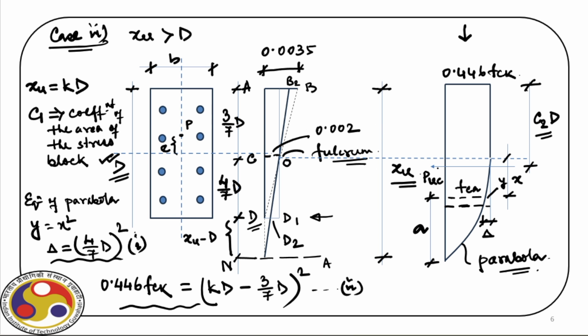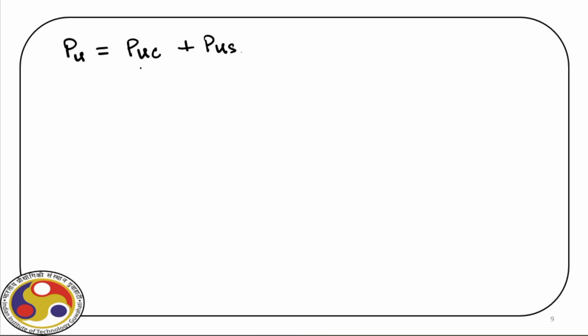Our task is to find out this PUC. PUC we can easily find out because we know the stress block. Now on top of that we have these steels also. So we have to take the capacity of the steel, and together they will give us the total capacity for this section. So ultimate capacity PU will be contributed by the concrete and the steel.